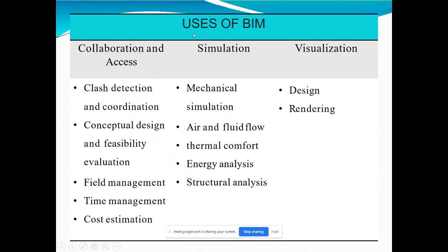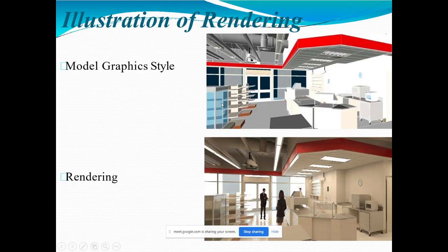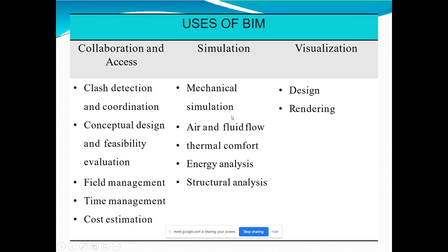The next one, uses of BIM. Already known: clash reduction, field management, time management, cost estimation. The mechanical simulation, already told, such as AC duct ventilation, that type of work, air and fluid flow, thermal comfort, energy analysis. Structural analysis comes under collaboration. The next one is design and rendering.